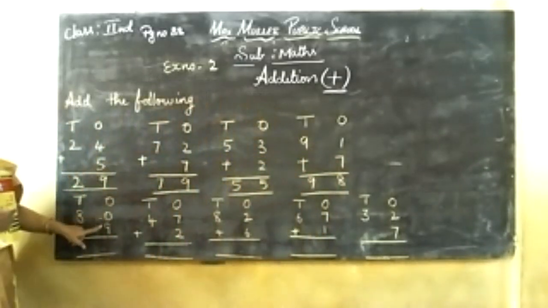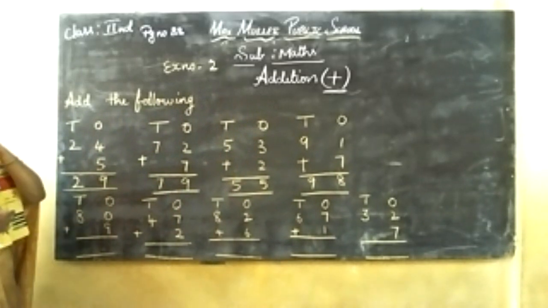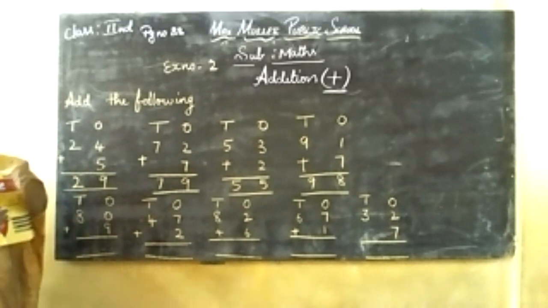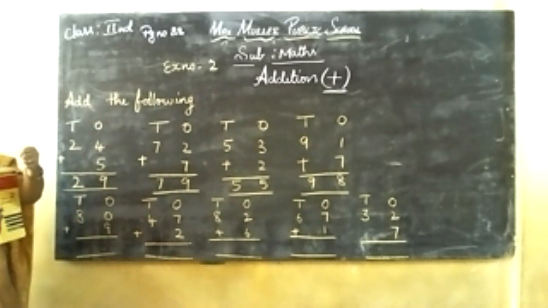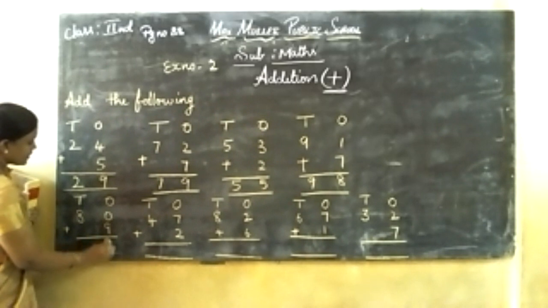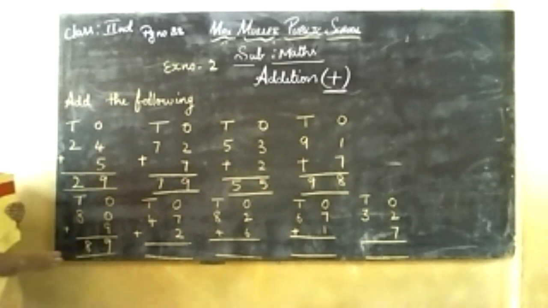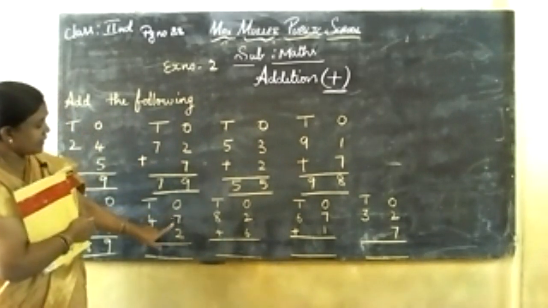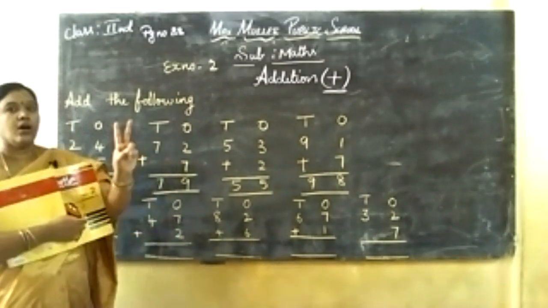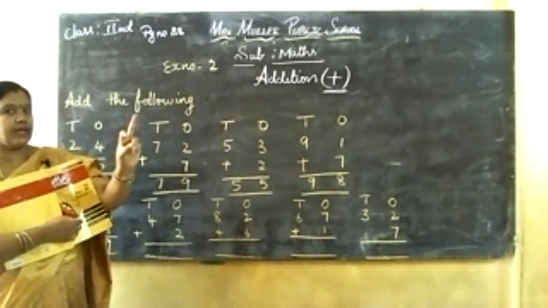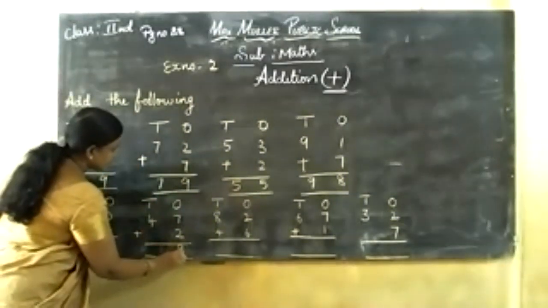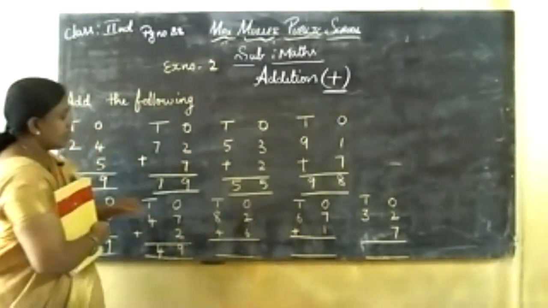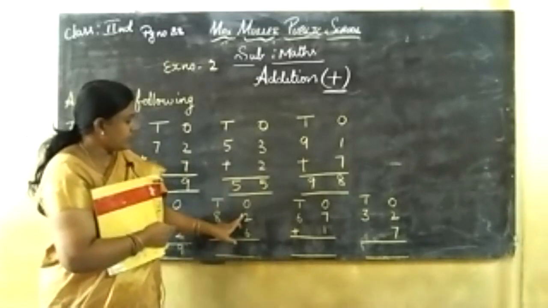See, here 0 plus 9. Keep 9 in the mind, 0 on the finger. After 9, what will come? Same 9 only. 8 as it is, you write. 7 plus 2. Keep 7 in the mind, 2 on my finger. After 7, 8, 9. 4. 6 in the mind, 2 on the finger.